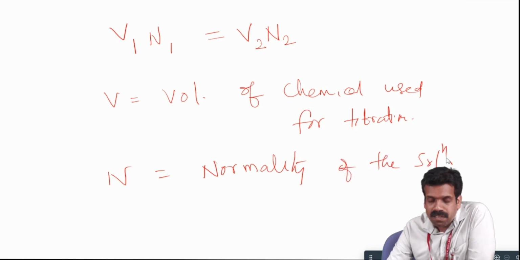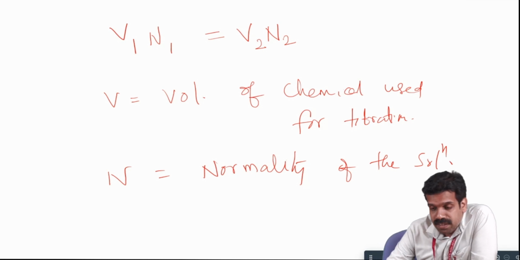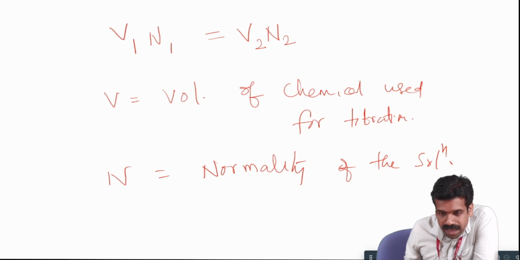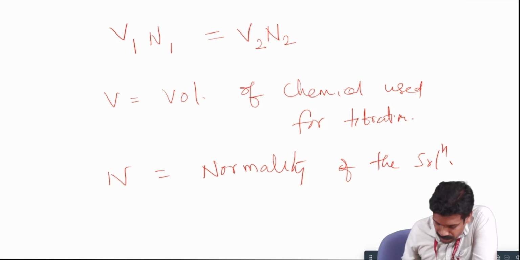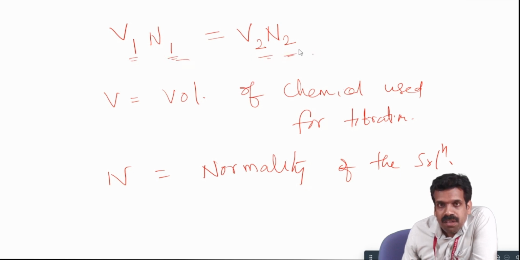But then again, you have two different types of solutions. One is acid, one is base. So which one will I take? To have clarity, we have two subscripts, 1 and 2, in the equation V1N1 = V2N2.